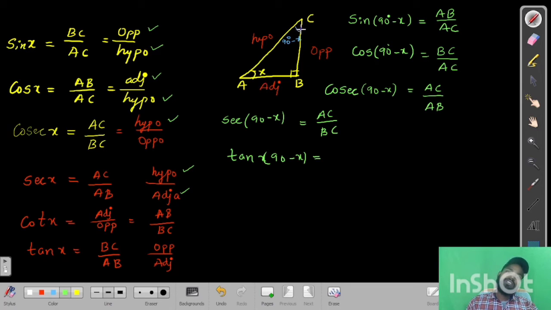Opposite is AB, and adjacent is BC. Next, cot of 90 minus x. The cot formula is adjacent by opposite. Adjacent is BC, and opposite is AB.